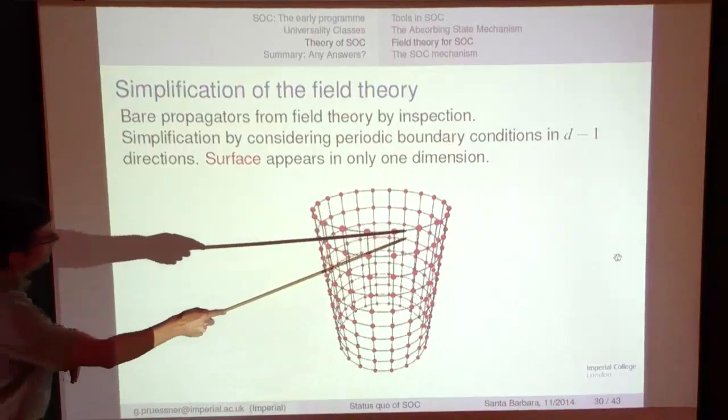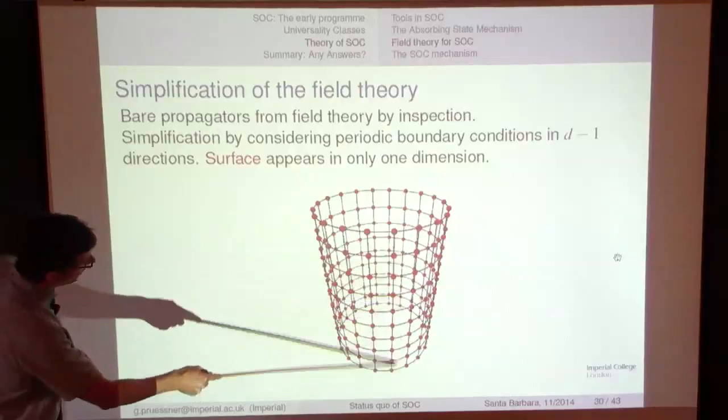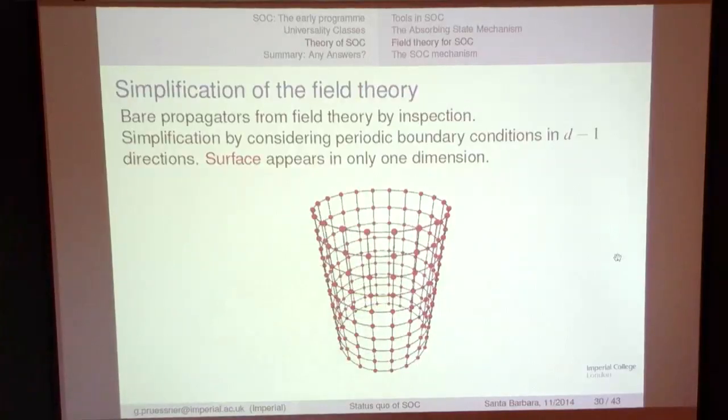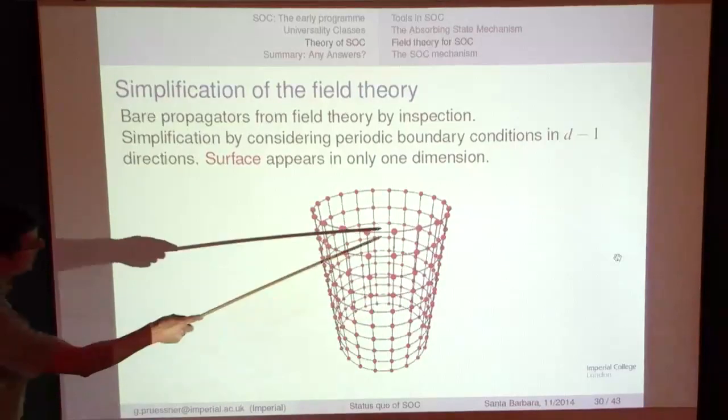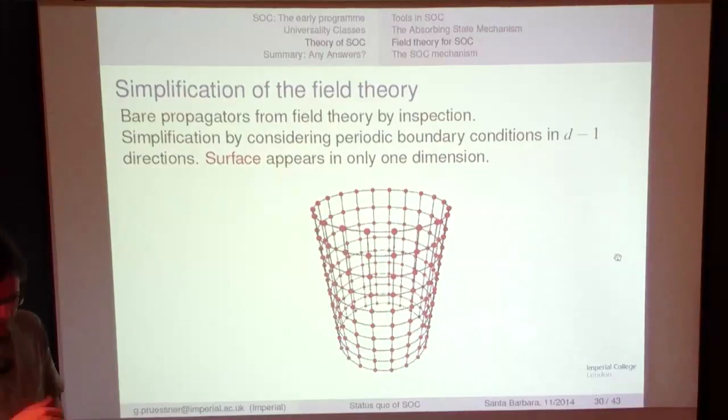So the cylindrical direction still has k equal to 0, but the open direction has a smallest k, namely, say, pi over L, L being the number of sites in this direction. That gives you a natural scale in the propagator, and therefore allows for proper finite size scaling.